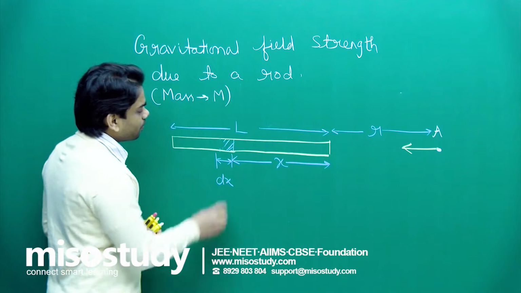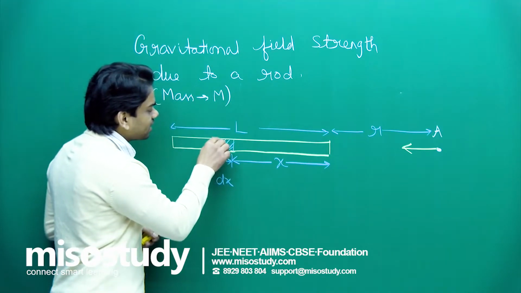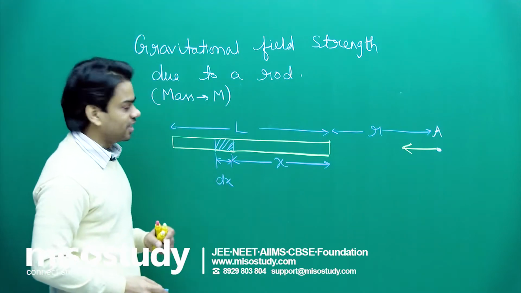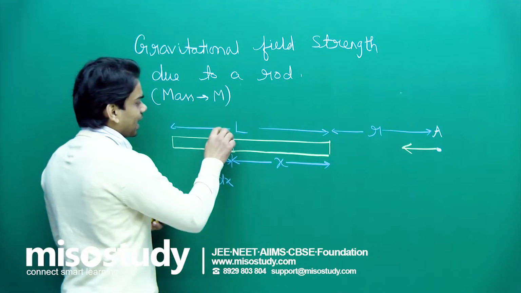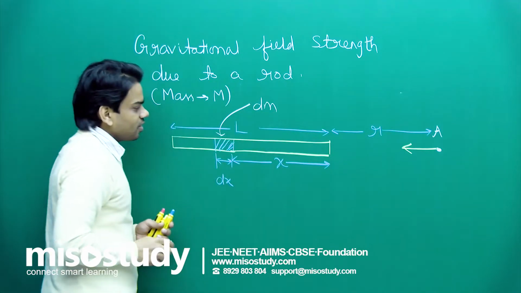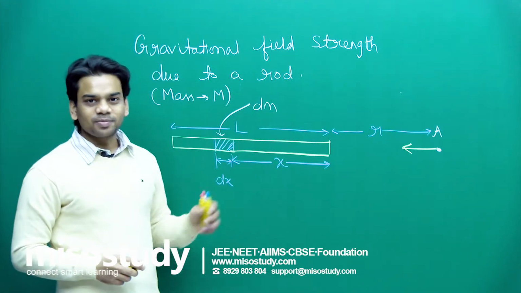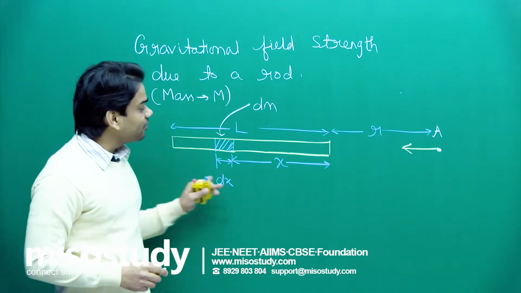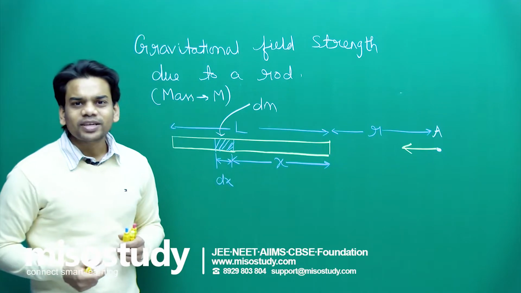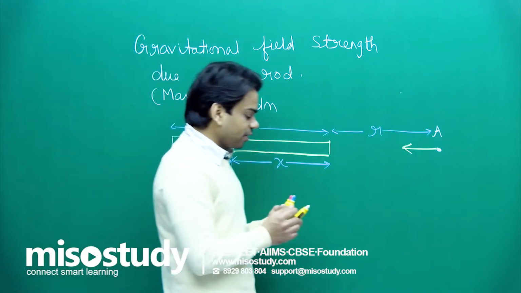The small particle which you have imagined within the rod has mass dm and width dx. Mass per unit length is the same. So how can we give the mass dm in terms of the small width dx?